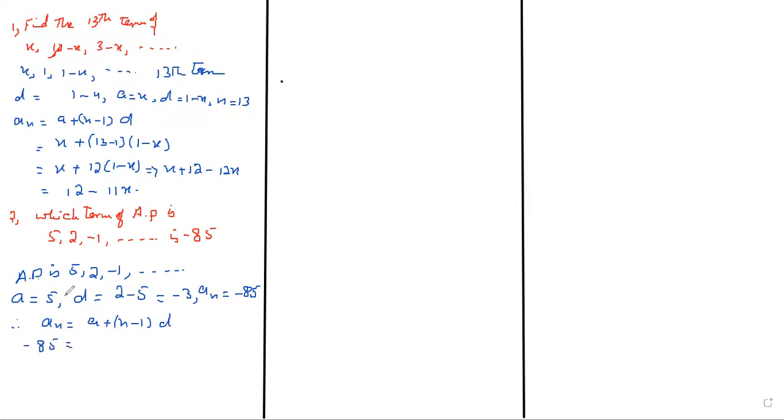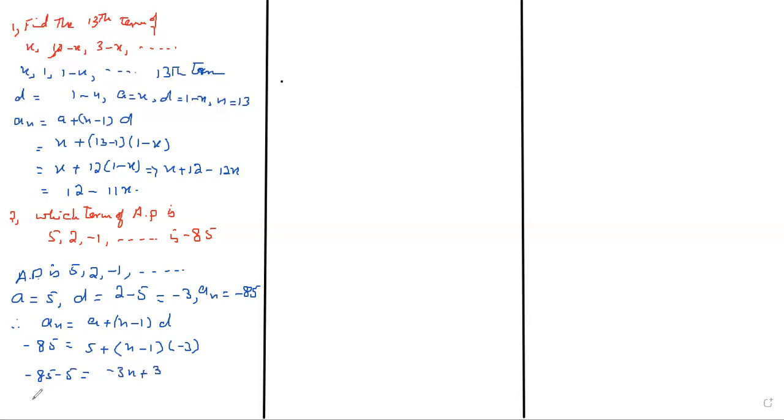What is the value of a? a is 5 plus n minus 1 times minus 3. So we take that to that side, that will become minus 85 minus 5 equals to minus 3n plus 3.